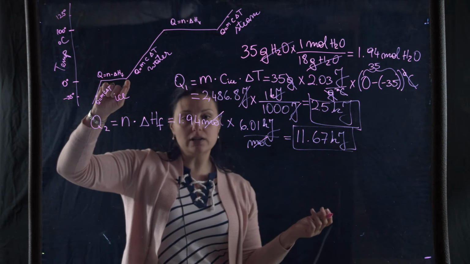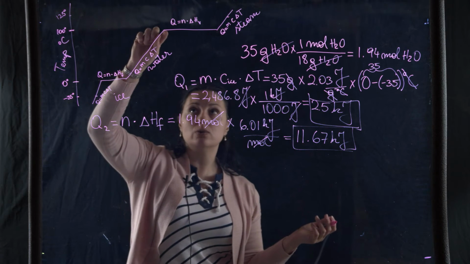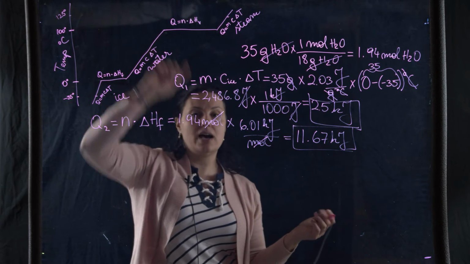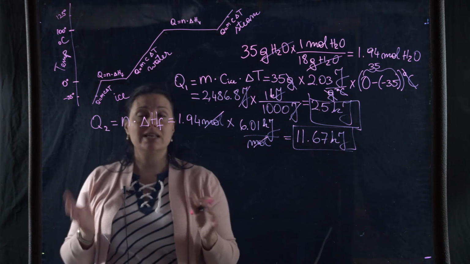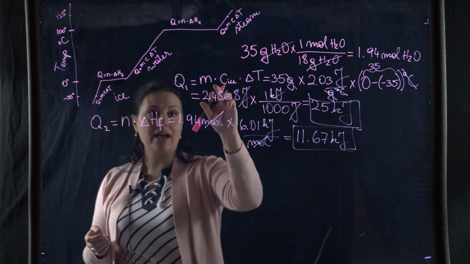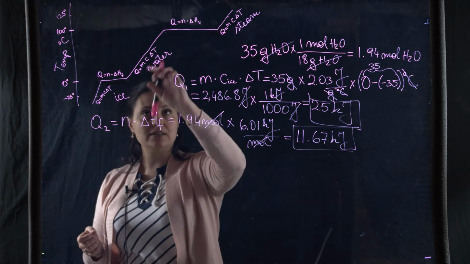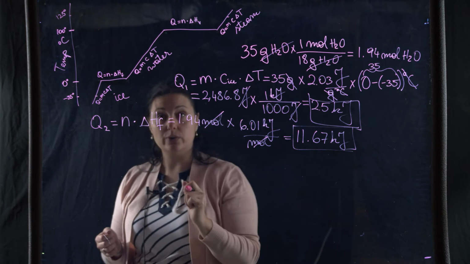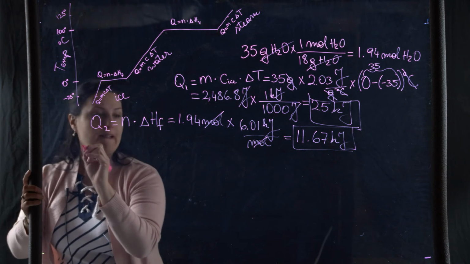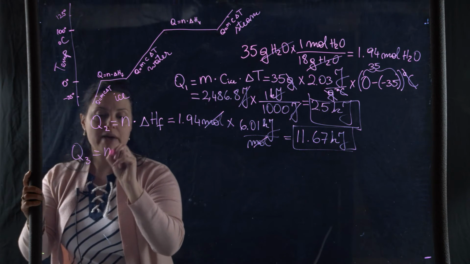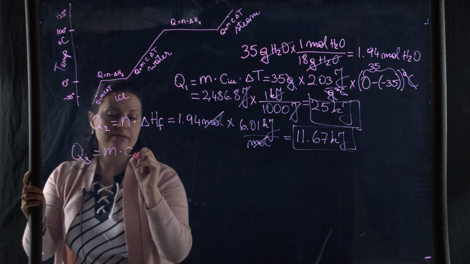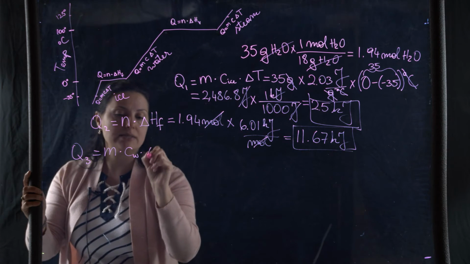I can take liquid water from 0 all the way to liquid at 100 degrees. And I can calculate the amount of energy that's needed to do that by going back to Q equals mc delta T, but with a c for liquid instead of ice now. Let's do that. Q3 is equal to mass times the c for water times delta T.